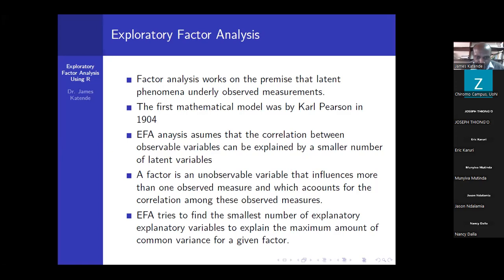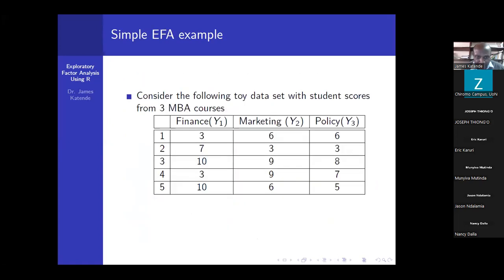The idea is this: you're able to observe these scores on the different tests. Here the score was between 1 and 10, the lowest 1 and the maximum 10. You want to see if these variables represent fewer factors than the 3 variables that you're seeing. Finance is definitely a quantitative course, and marketing and policy exams will not be that quantitative.